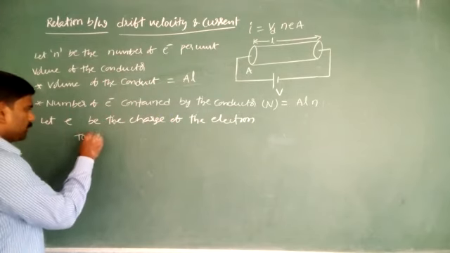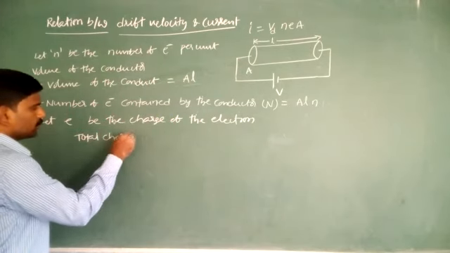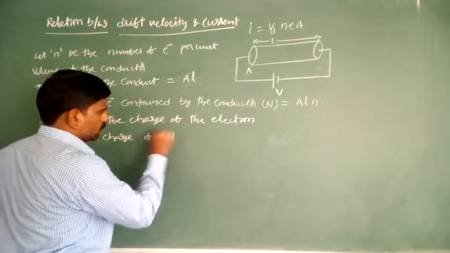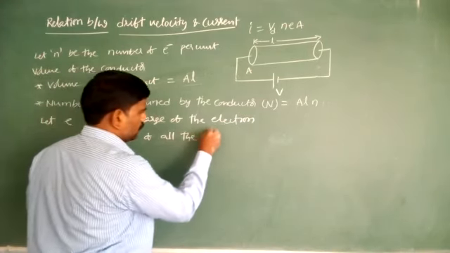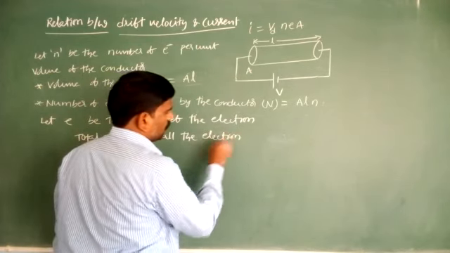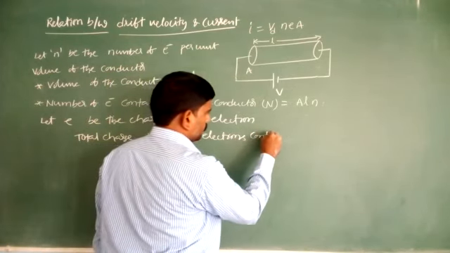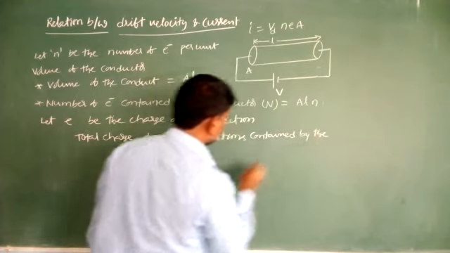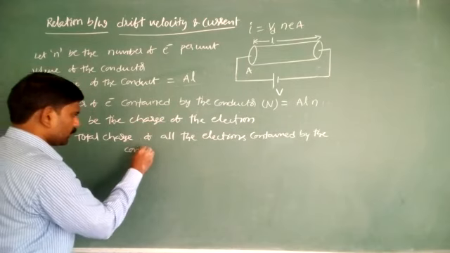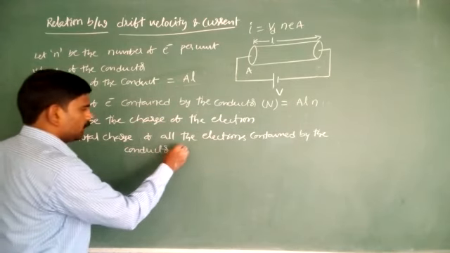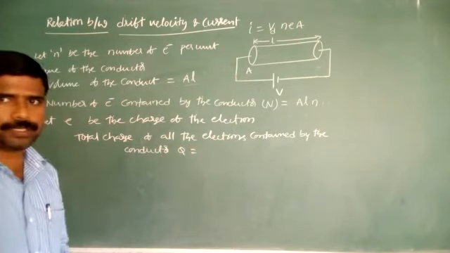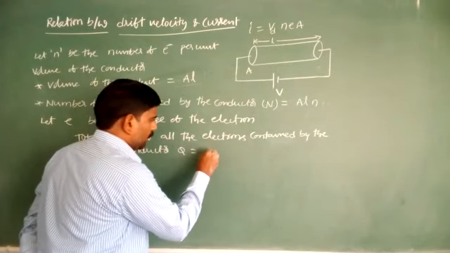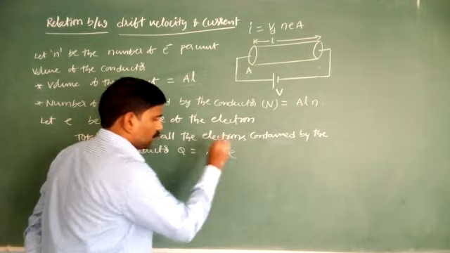Let it be capital Q, which is equal to A into L into N into e.